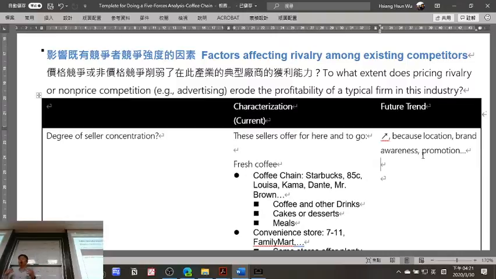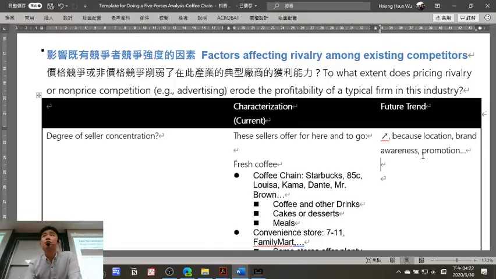So all of these need capital, and smaller brands or individual stores don't have this capital to maintain their position in the market. So we will see that the coffee chains will still increase their total number of stores, and the others might decline. So the concentration ratio probably will become higher in the next few years.